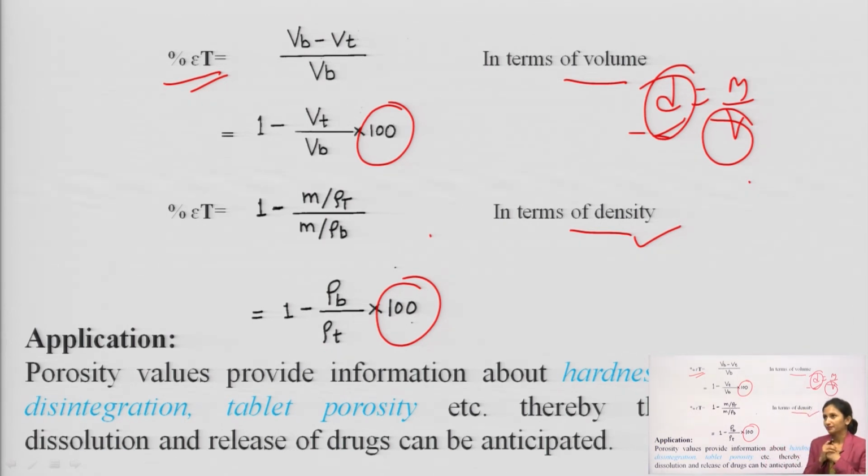For example, if the porosity is more, then the hardness will be less or more. Suppose that this is one tablet, this is the second tablet.